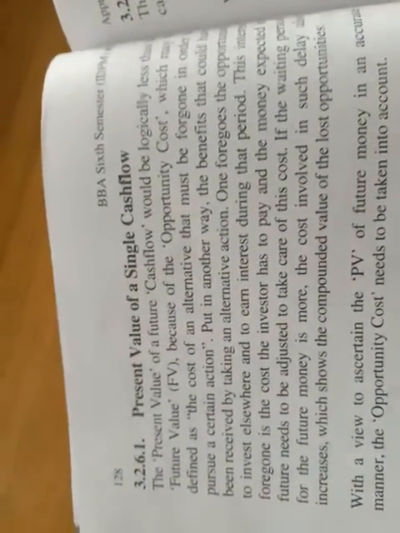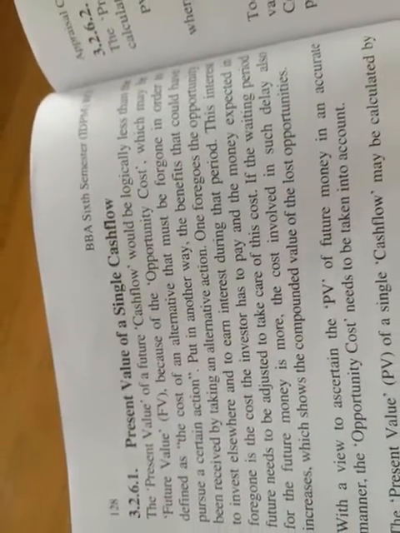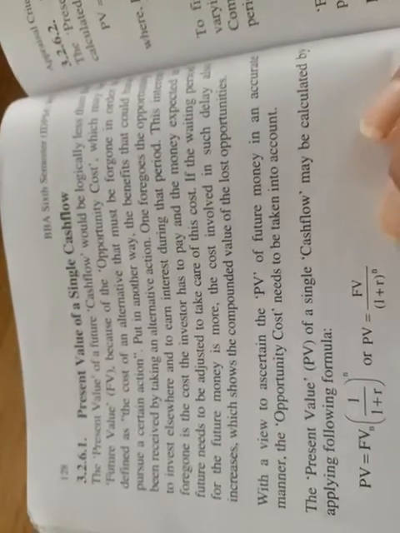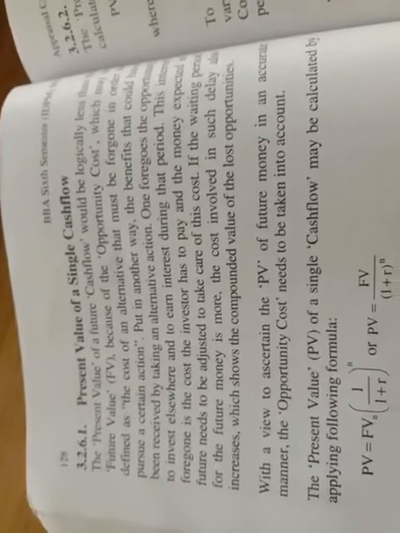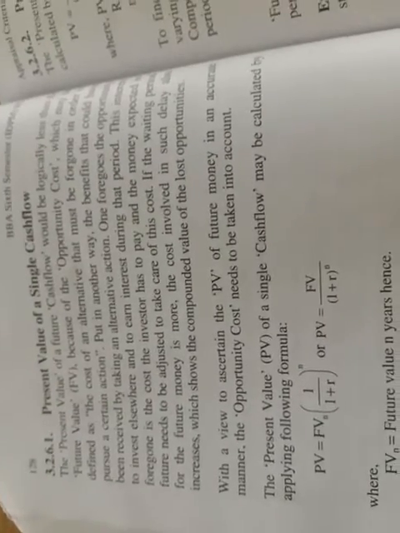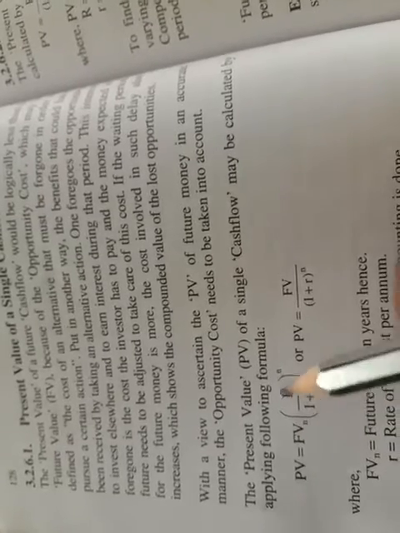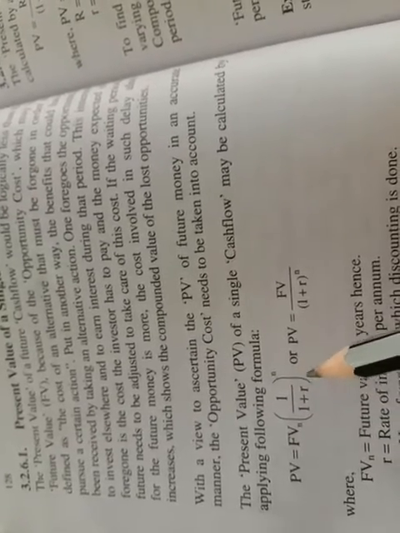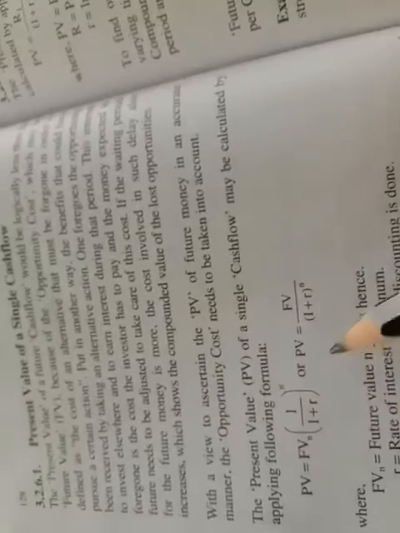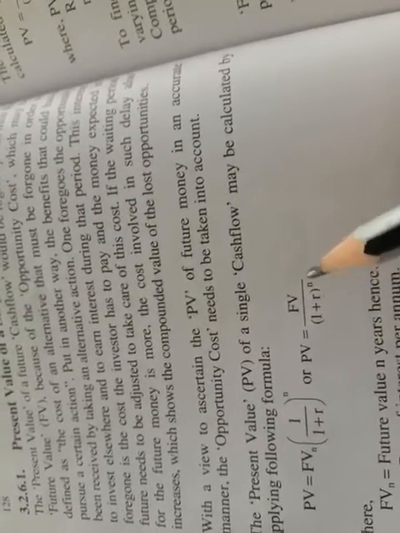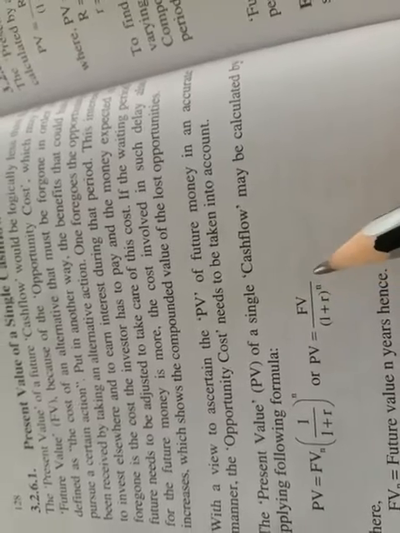This is the first one, the present value of a single cash flow. For this we use a simple formula: PV is equal to future value times 1 divided by 1 plus r raised to n, or simply, present value is equal to future value divided by 1 plus r raised to n.